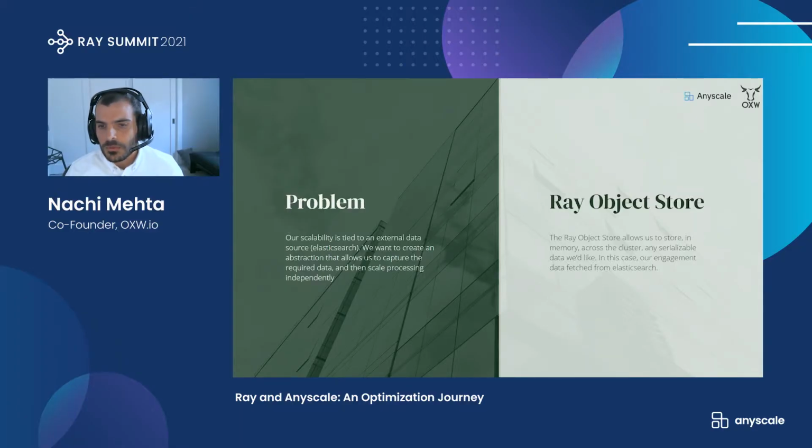So our ultimate problem is, how do we separate the caching of the search results from Elasticsearch with what the model needs in order to predict?